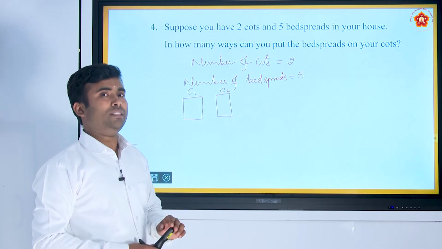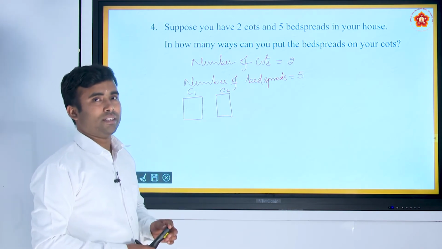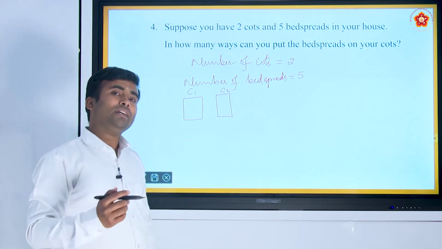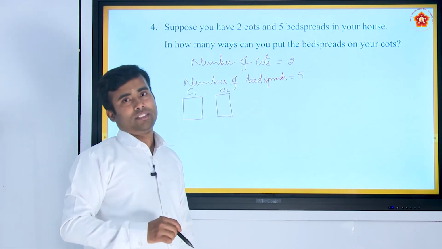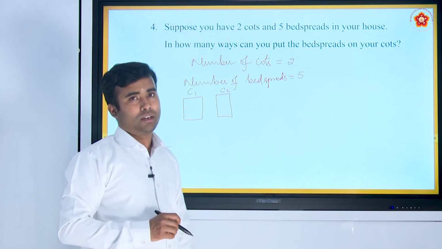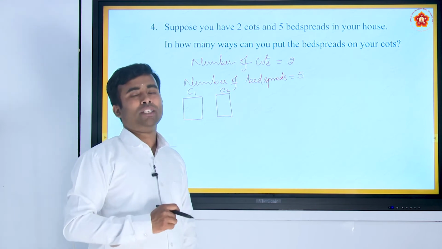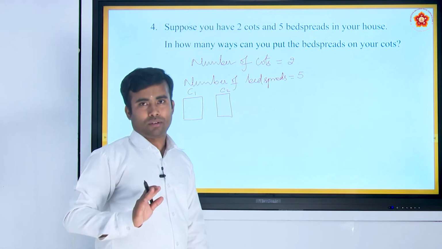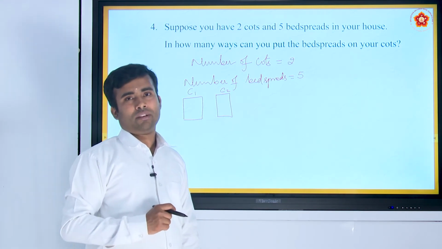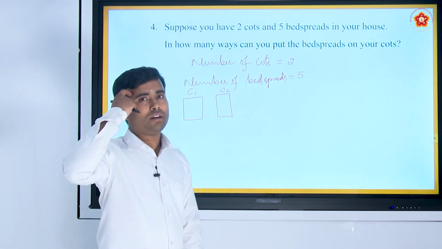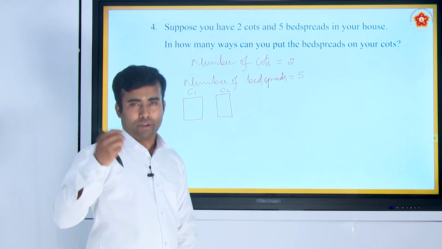That means what you are understanding here is very clear. There will be 5 ways I can put bedspreads on cot 1 or cot 2. After putting a bedspread, 1 bedspread is removed. Then how many bedspreads are left? There are 4 bedspreads left. Then the other cot will get 4 ways.